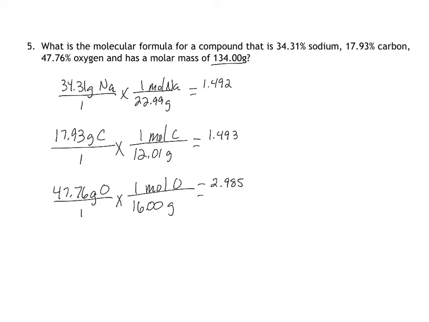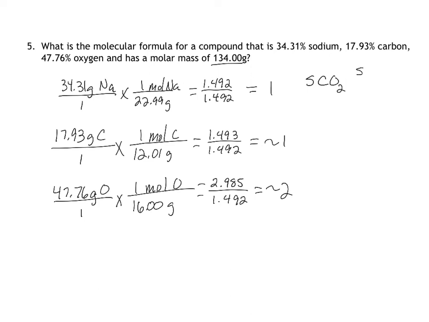All right, so I'm going to go through and look to see what is my smallest number. Well, that's going to be this one right here, so I'm going to divide everything by it, which is going to come out to 1. This is going to come out equal to 1. And this one is going to come out equal to 2. So my empirical formula is going to be S1, C1, O2.